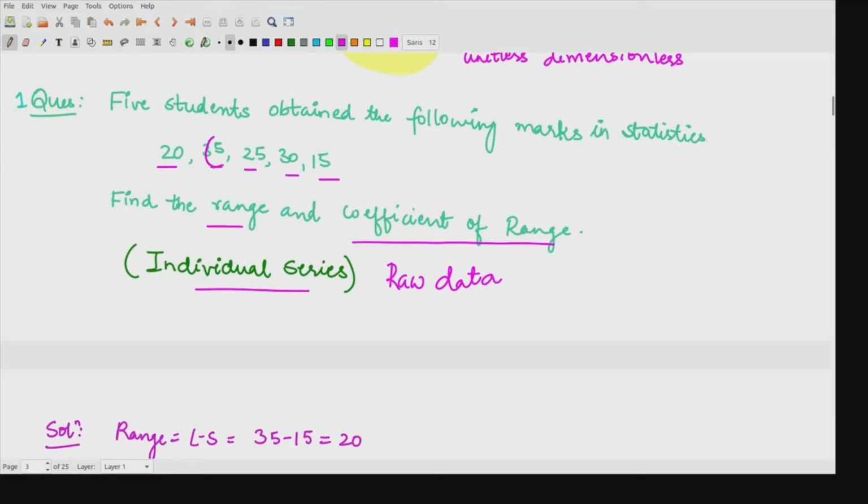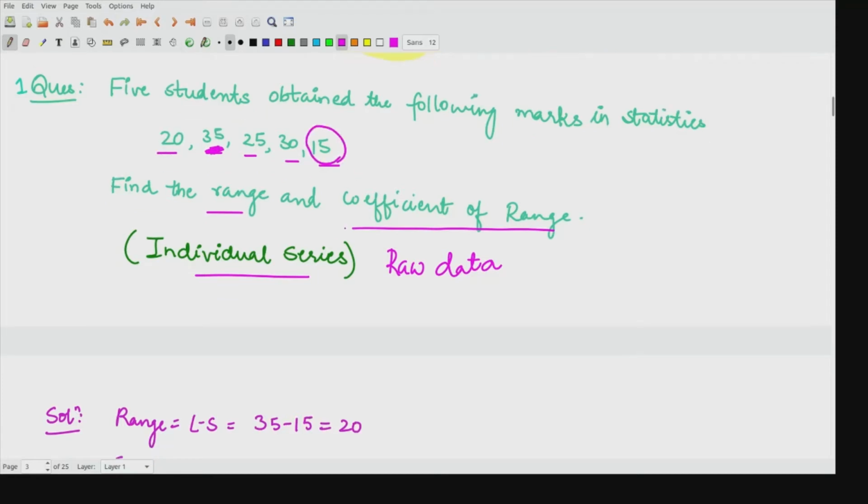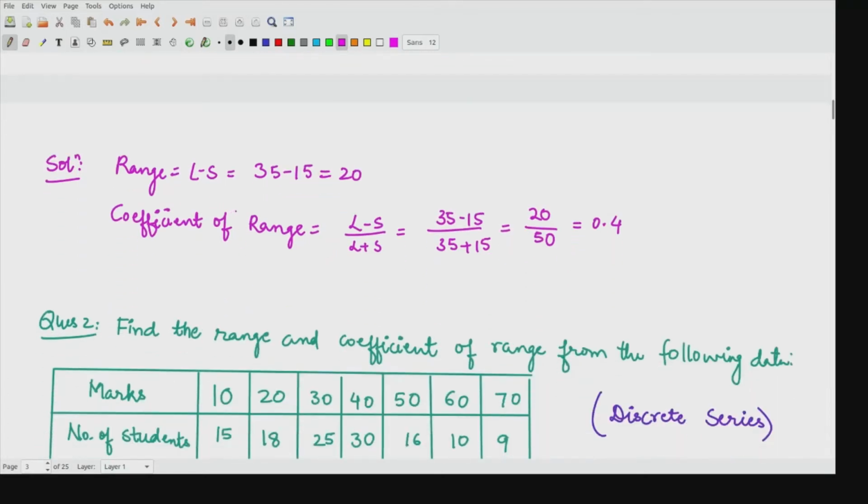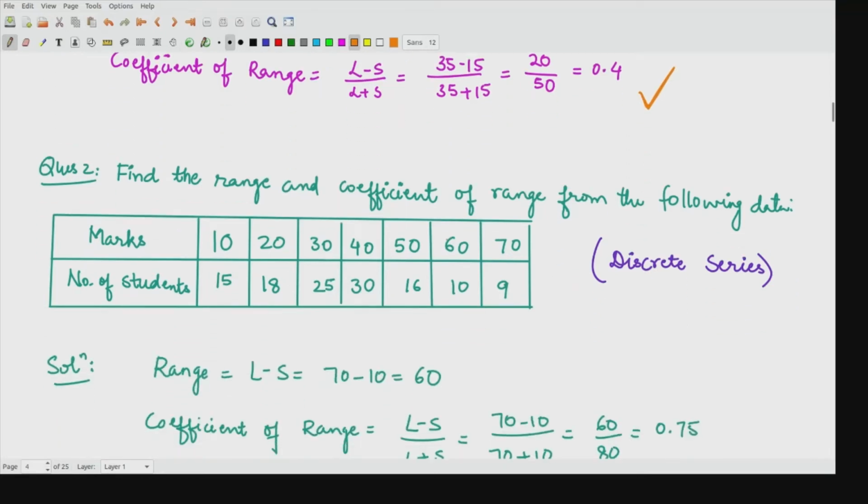So the largest value is this one, 35, right? And the smallest value is this 15. So what would be the range? The range would be 35 minus 15, that is 20. And the corresponding coefficient of range, what is that? That is L minus S divided by L plus S, that is 35 minus 15 divided by 35 plus 15, that is 20 by 50, that is 0.4.